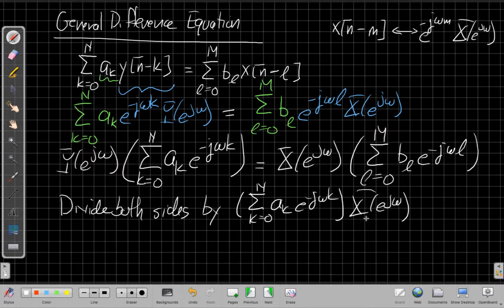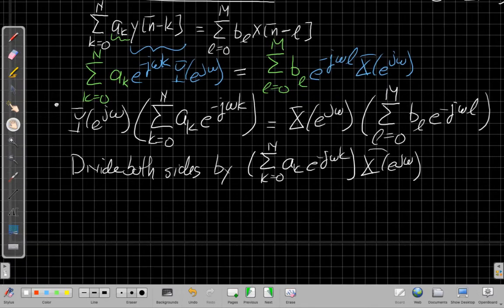I can do that because that's a valid algebraic step. On the left-hand side, these cancel out and I'm left with y of e to the j omega over x. On the right-hand side, the x's cancel out, and I'm left with the ratio of these two sums.